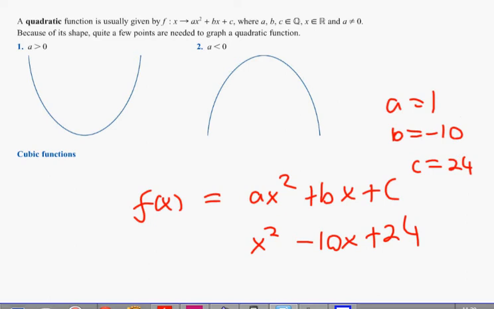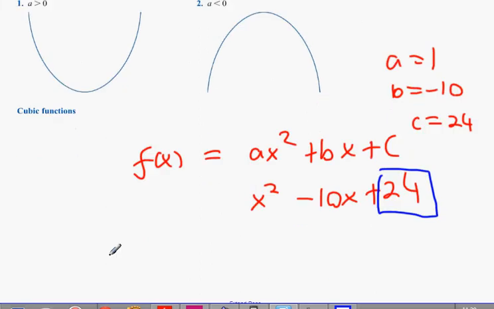I want to discuss the role of the last number. See this 24 here? What happens if I change that upwards or downwards? I'll give you an example. I'm going to turn it into plus 18. What's the gap between 24 and 18? 6. And it's lowered by 6, not higher by 6.